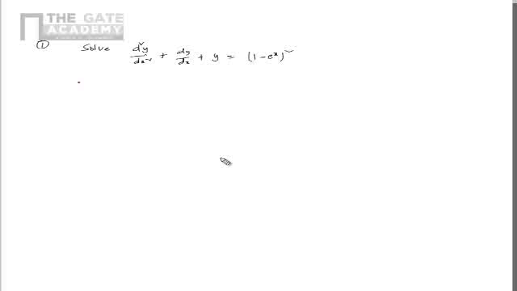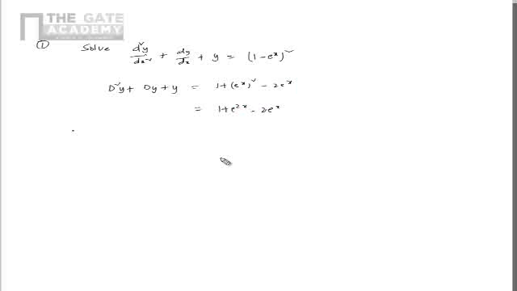Let me write it in the form of a differential operator, and let me simplify this. It becomes 1 plus (e power x) whole square minus 2 e power x, so 1 plus e power 2x minus 2 e power x.